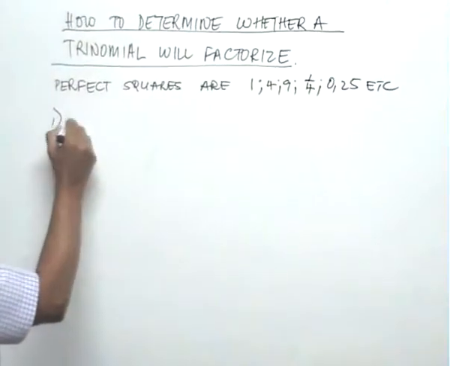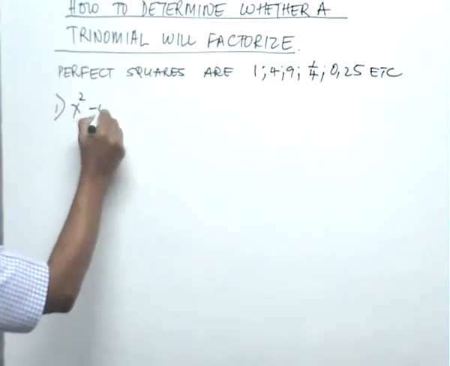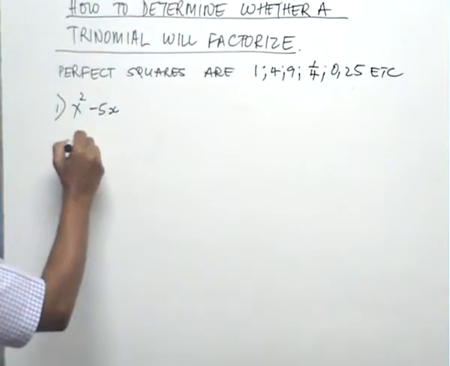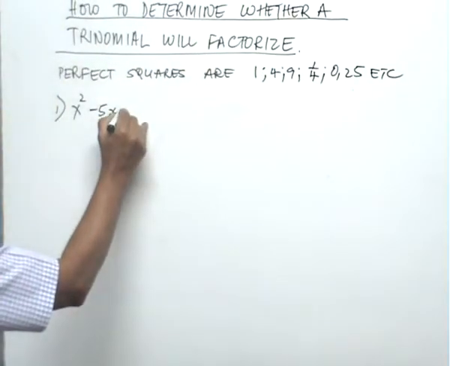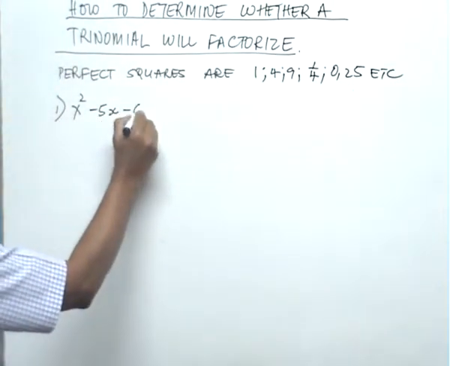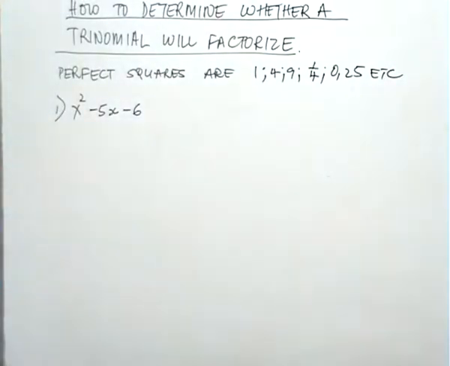Once you know that, we can continue. Let's take an example. Let's take x squared minus 5x minus 6. And you want to know whether this can factorize or not. Firstly, you have to know a few more things.